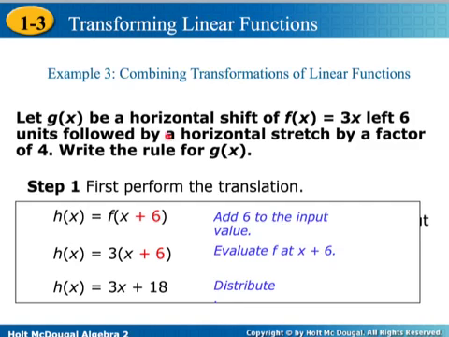And then after that, you're going to stretch it horizontally by a factor of 4. We're stretching it horizontally, so that's the 1 over b. Okay, so our first situation here is a temporary function of 3x plus 18. That's where we moved everything to the left 6 units.